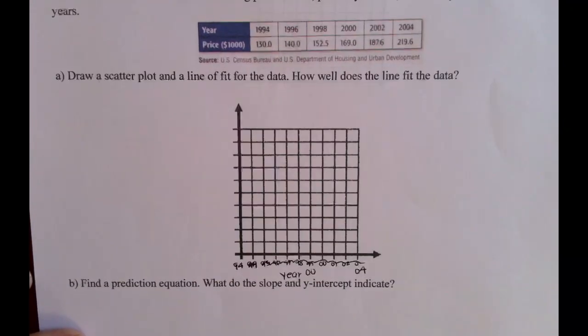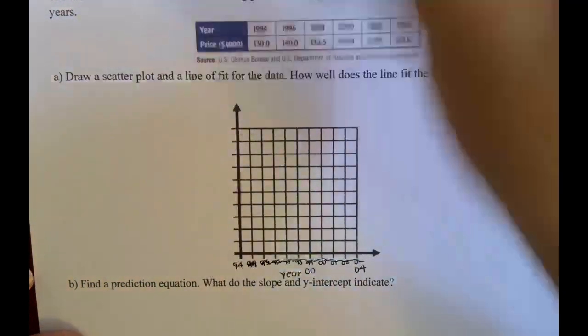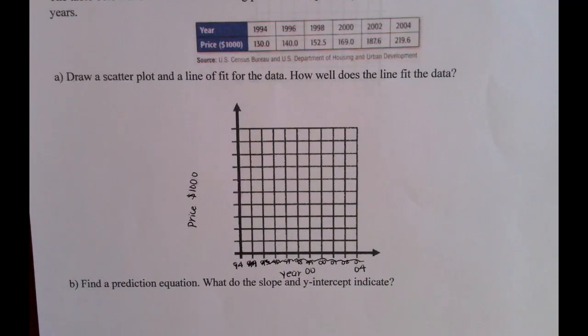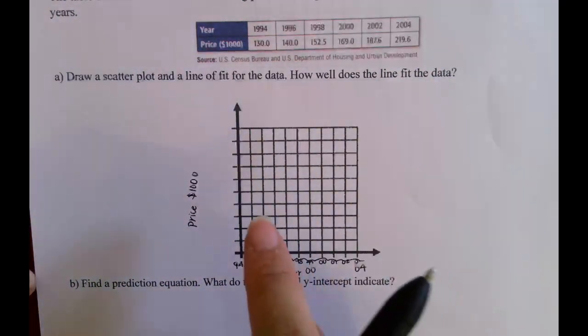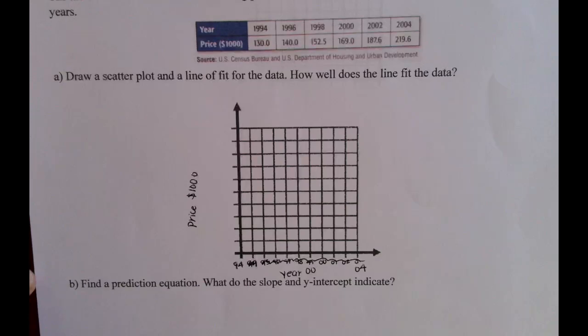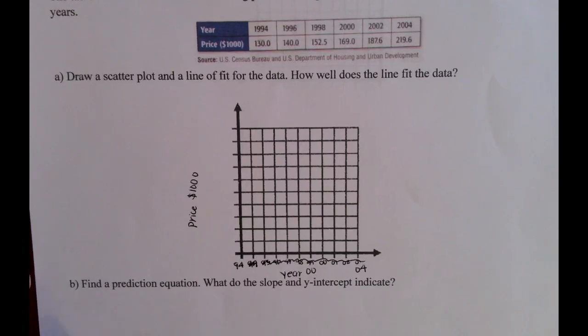Okay, then next we're going to do our y-axis, which is price in thousands. So I'm going to label my y-axis price and write that it is in thousands. In order to fit it all, I'm going to try my best here. Our lowest is 130 all the way to 219.6 or 220.